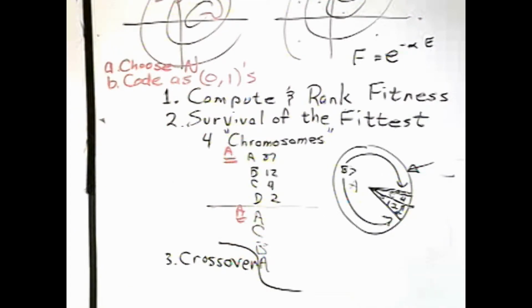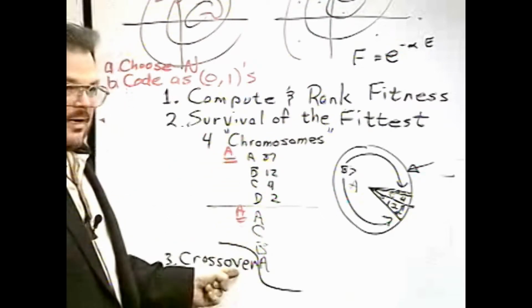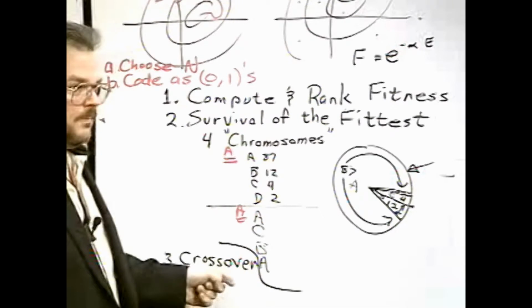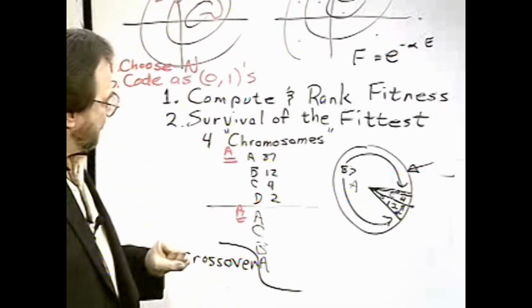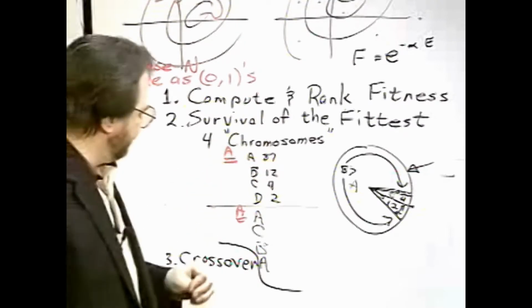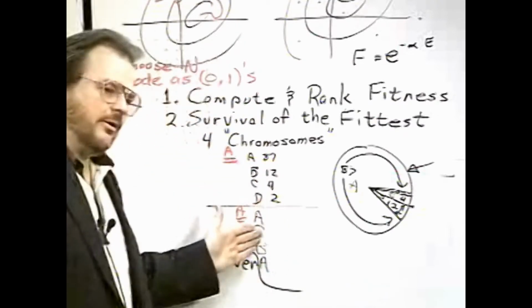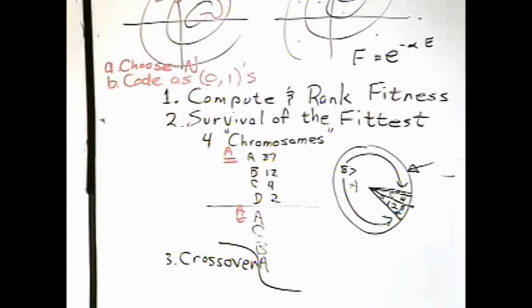You can also do a modified king of the hill where you take your 3 biggest and keep them unperturbed to the next generation. So in such a strategy, you do have that probability of getting exactly the right answer. But even if you got all D's, it would still work. I'll show you why. Because crossover is very interesting.